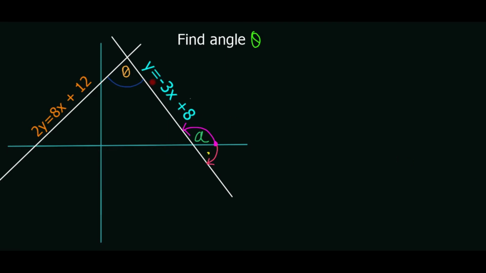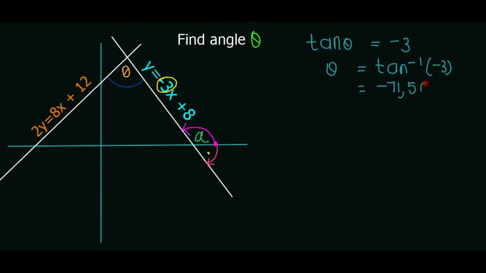Because this is the gradient, we can simply say tan theta is equal to this gradient, which is -3, and then from there theta is equal to shift tan -3, and then it gives -71.56 degrees.